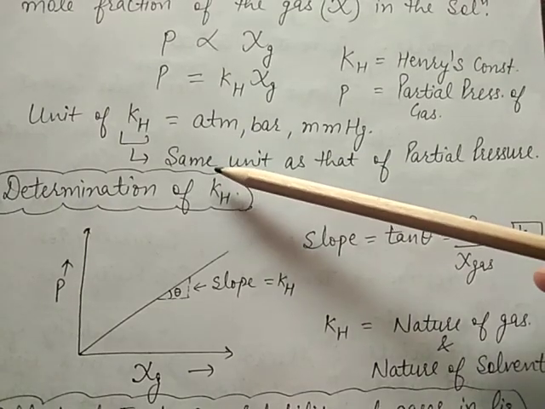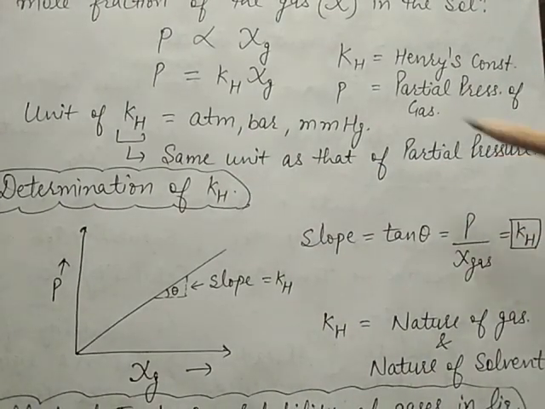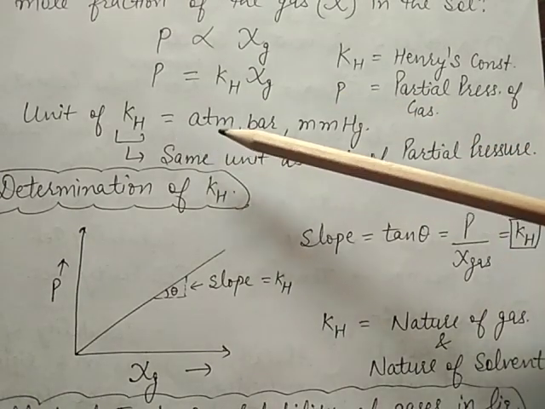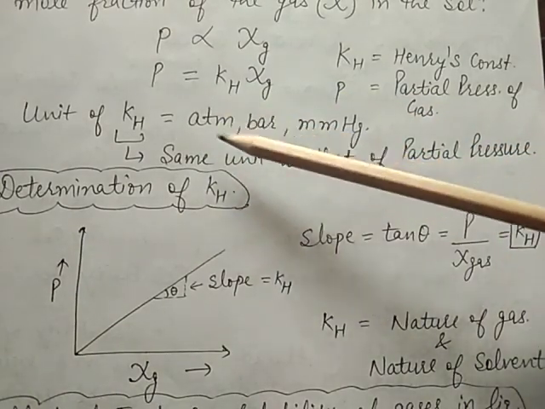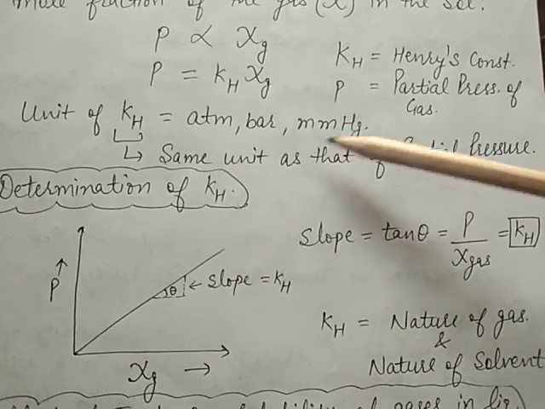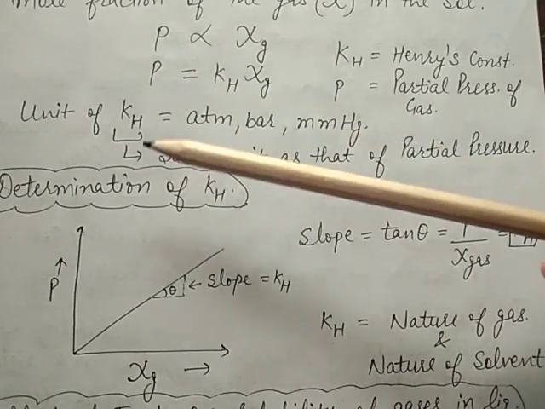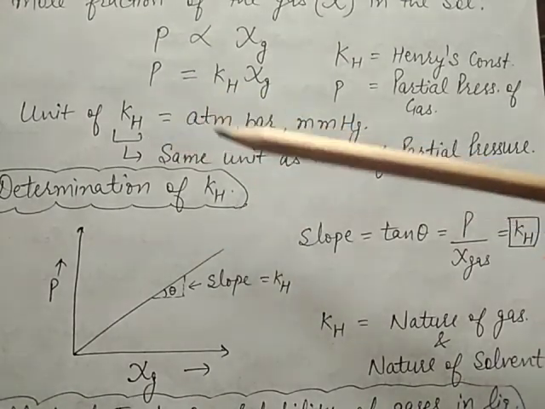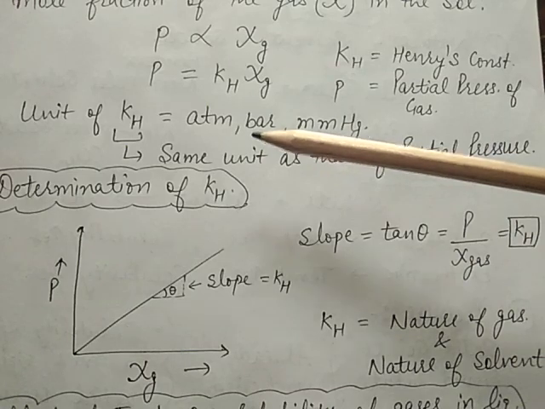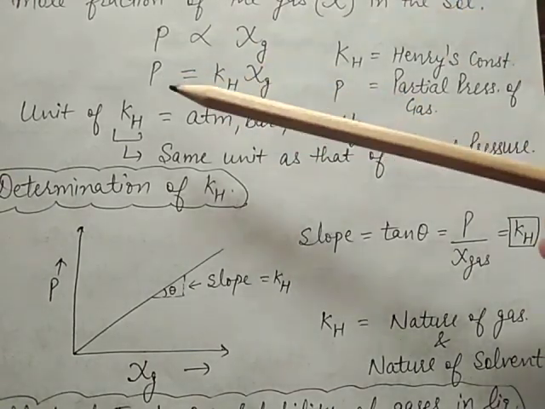The unit of Kh is the same as the unit of partial pressure. Kh is measured in atmosphere, bar, mm of Hg. All these are units of pressure. So the unit of Kh is also the same because Kh is directly proportional to the partial pressure.